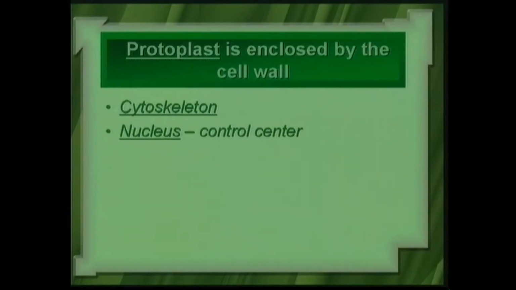Now the next part we're going to talk about is the nucleus. Okay, the nucleus sort of functions as the brains of a cell. It is the control center of the cell. This is where the information that accounts for the way the plant looks, the kind of chemicals the plant produces, etc. This is where the master blueprint is held.